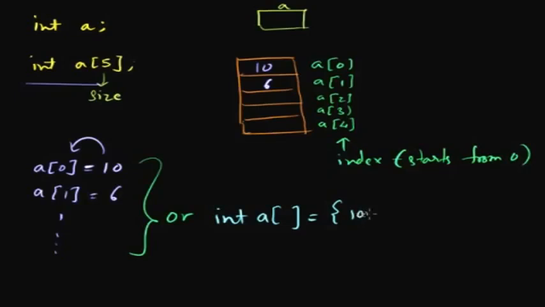So we can directly give values 10, 6, 1, 8, 7, so this will assign 10 to the 0th element, 6 to the first element, 1, 8 and 7. This way elements will be assigned when the array is declared. This is one way of doing this. This is another. Now when you initialize and declare, this is not necessary.